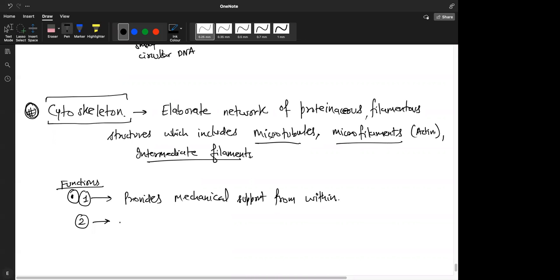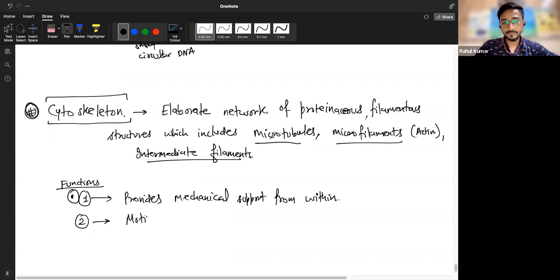Second, write down, it helps in motility of the cell because cytoskeletal elements form the flagella. Flagella are formed from these microfilaments and intermediate filaments. Okay.